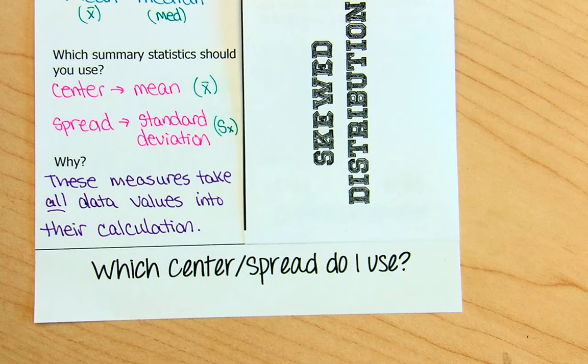If we want a really precise measure, we want to take every value of the data set and use it to find how spread out it is and what the center is exactly. So we use mean and standard deviation. But really, it's only accurate if there's no skewness. Skewness will affect the mean and standard deviation, so we don't want to use those in a skewed distribution.